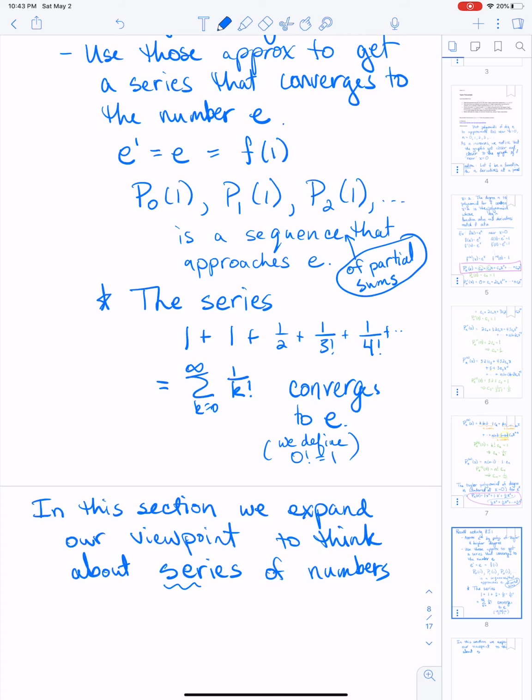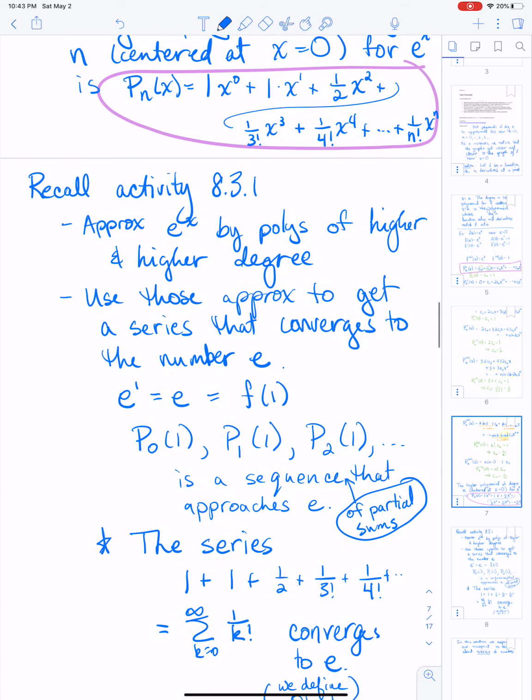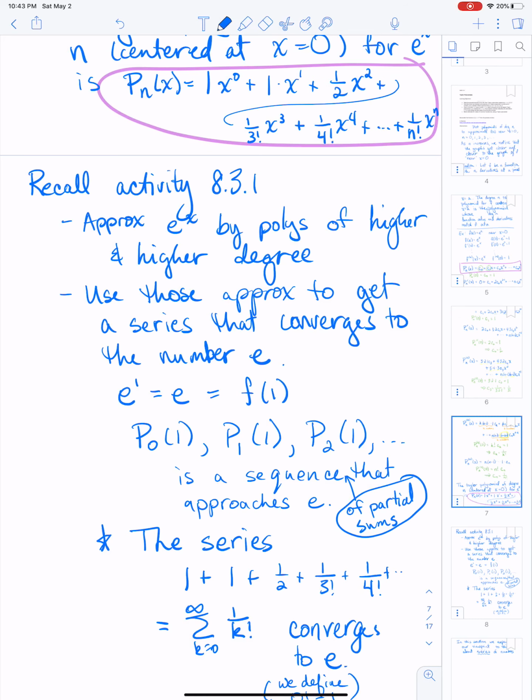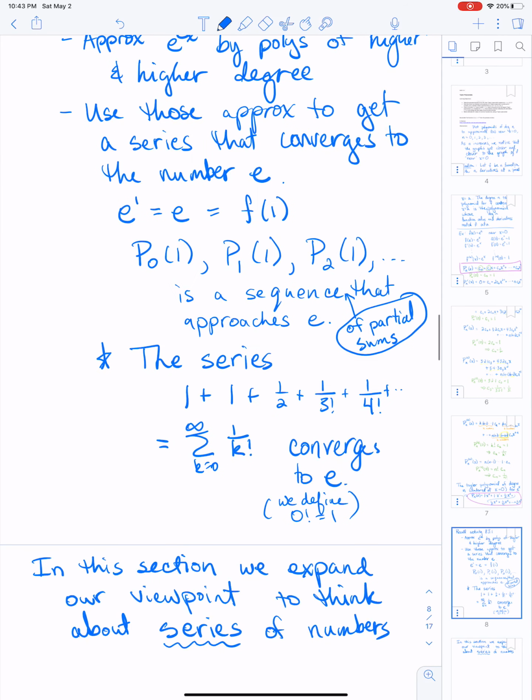Okay, and we haven't quite got to the series yet. We're still at the point in these videos where we're still thinking about specific polynomials, but where we're headed is to be thinking about series of numbers.